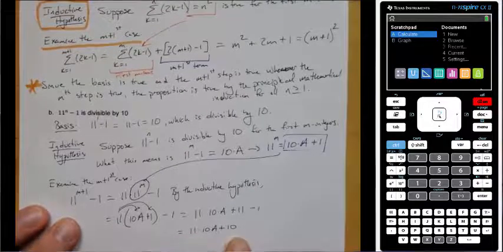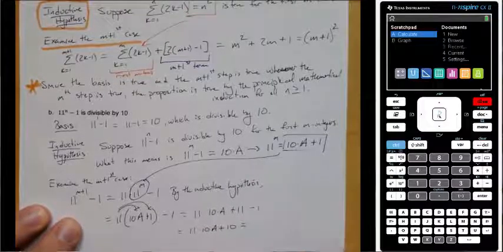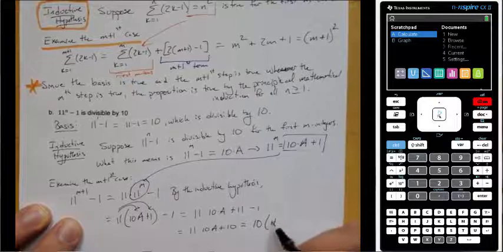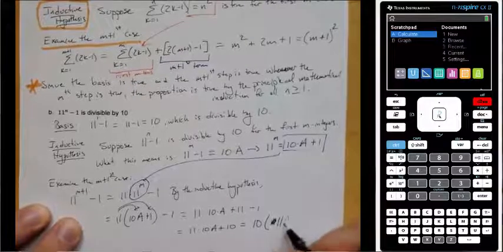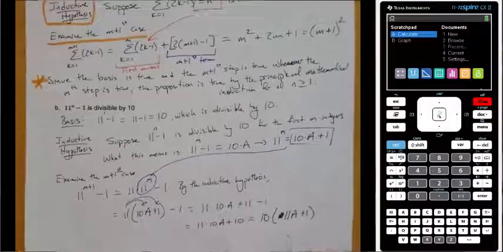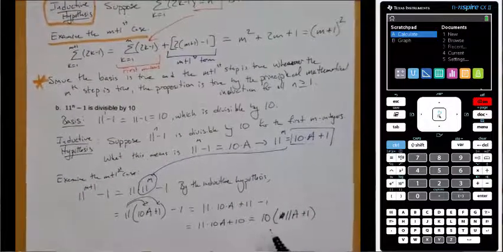This is clearly divisible by 10 because each term is divisible by 10. If you want to be even more precise, you could factor the 10 out. This is equal to 10 times (11a plus 1), which, since 10 is a factor, is clearly divisible by 10.